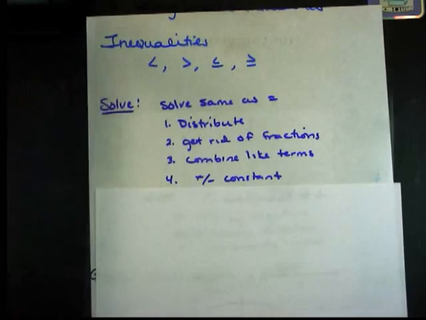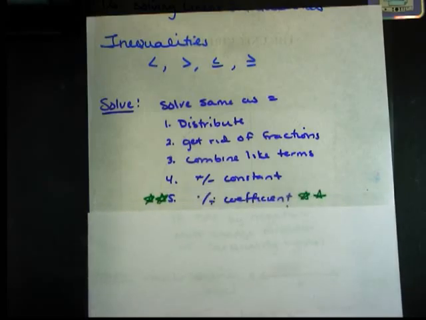We add and subtract the constant over to the other side so that we can get the variable by itself. And then we multiply or divide the coefficient out. Now, all of those are the exact same rules that we do as the equal sign.